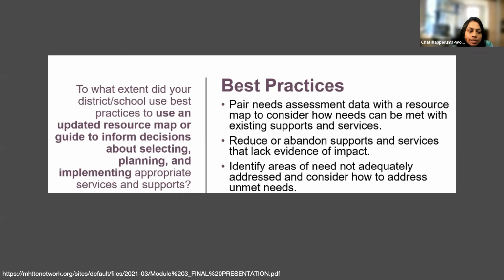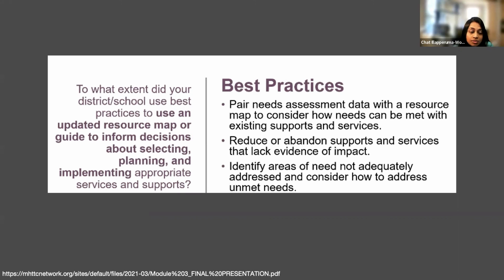Like I mentioned before, your needs assessment and your resource map go hand in hand. You can pair your needs assessment data with your resource map to consider, these are our needs and these are our resources, and with what we have and what we need, how can we find a happy medium? Having both the needs assessment data and an updated resource map is also useful.